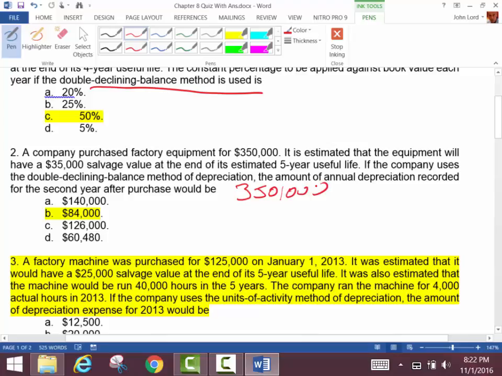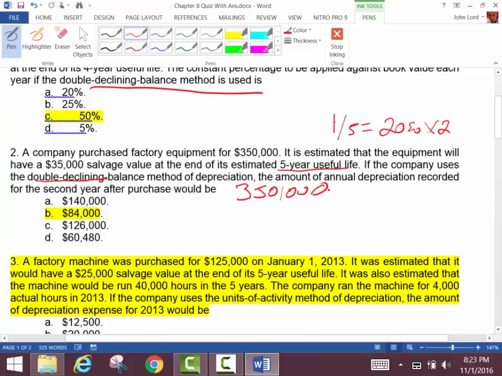What's the percentage? Well, it's a 5-year life. 1 divided by 5 is 20%, and they're using double declining, so I have to double the straight line, don't I? So it's 40%? Okay, good. So 350,000 times what? What about the salvage value?